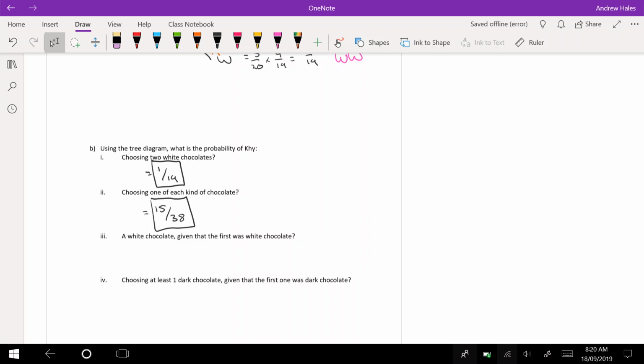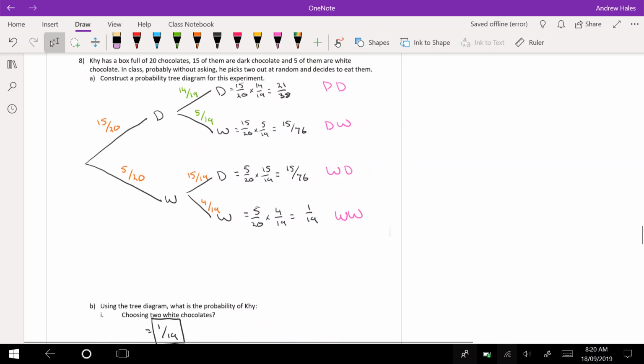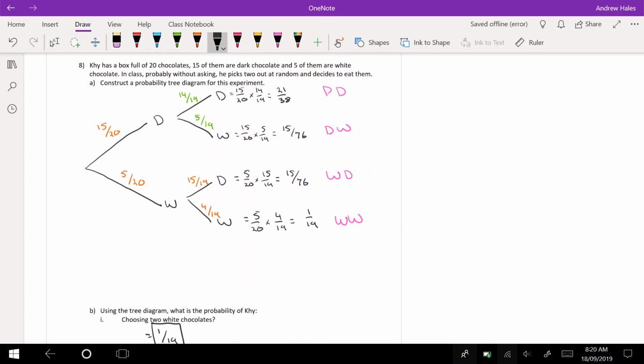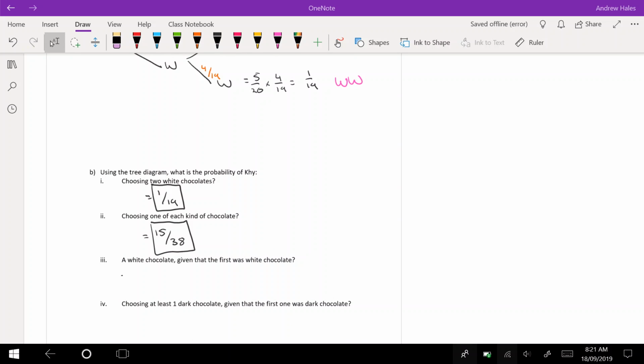What's the probability that you pick a white chocolate, given that the first was a white chocolate? So, back up here. Given that the first was white chocolate, what is my new probability of picking a white chocolate? If you can't see it, always go back to my formula. It's the probability of two whites, given I've already chosen a white.